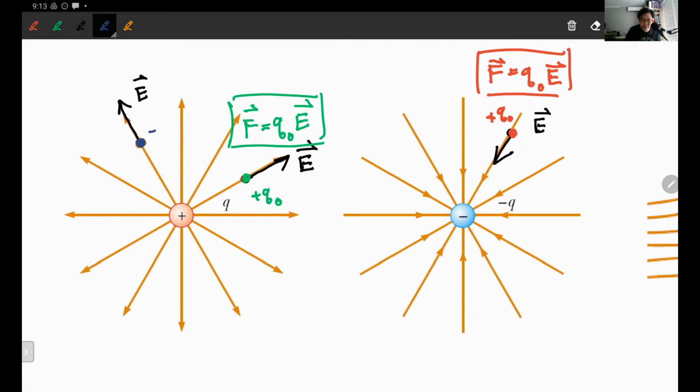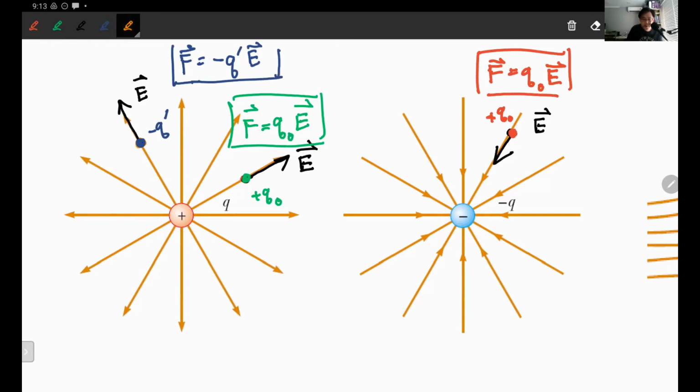Let me call it negative Q prime. Let's assume some number for the charge. What will be the force acting on that Q prime charge? Force will be charge times the field. But because the charge is negative, do you notice something here? This equation is a vector equation.